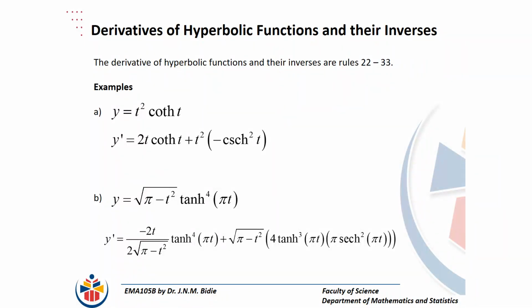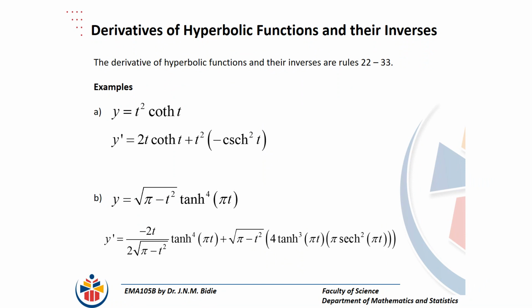I hope you still remember, because this is tanh to the power 4. The first thing you differentiate is the power 4. So that means you'll have 4 tanh to the power 3 of pi t. That's where you start. Multiplied by then the function itself, tanh of pi t. Pi t has the derivative pi, okay? And tanh, according to the tables, has got the derivative sech squared.